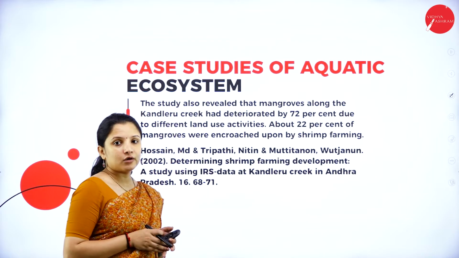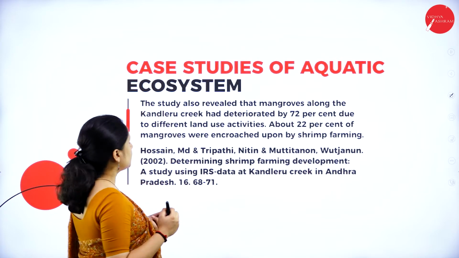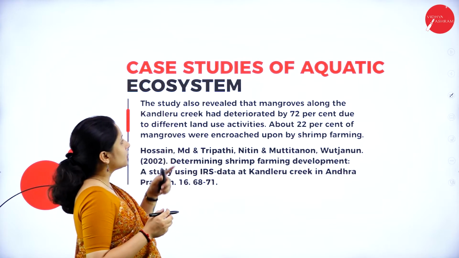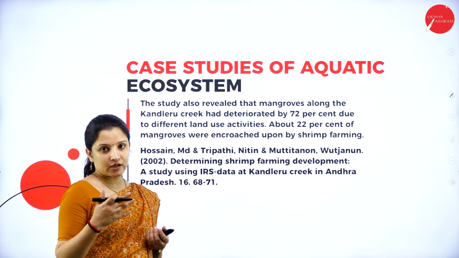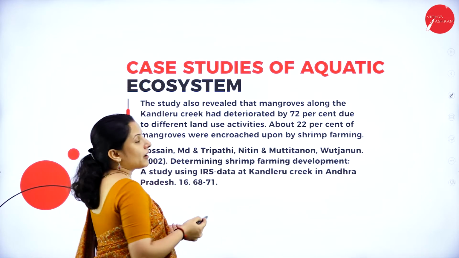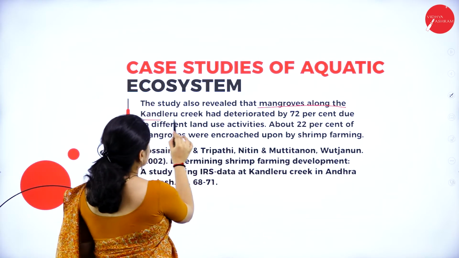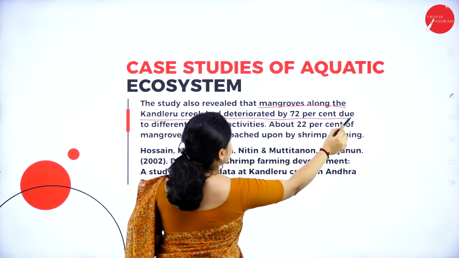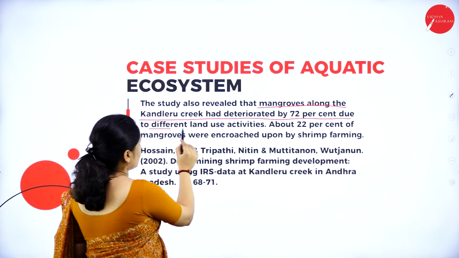And one more thing: in order to expand shrimp cultivation, people also started to cut and clear the mangrove areas in that particular creek, and therefore the mangrove forest in Kandleru Creek deteriorated or decreased by 72% due to different land use activities.